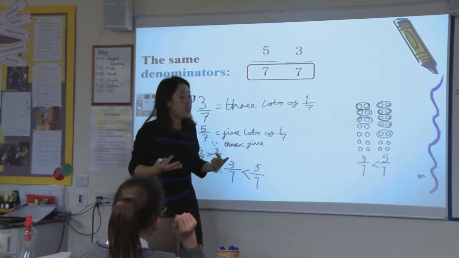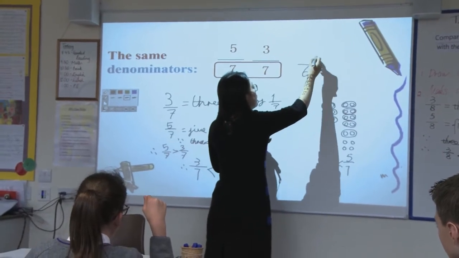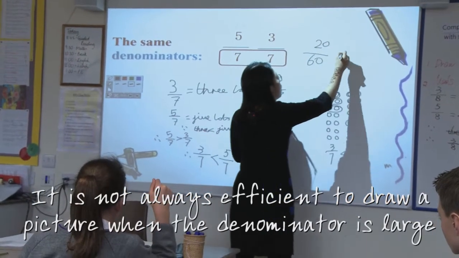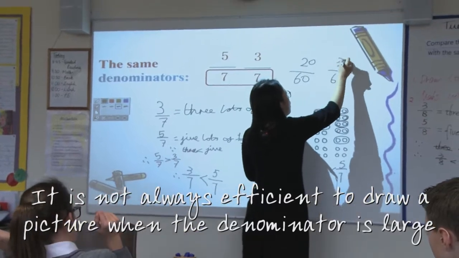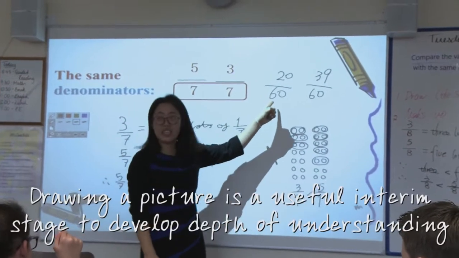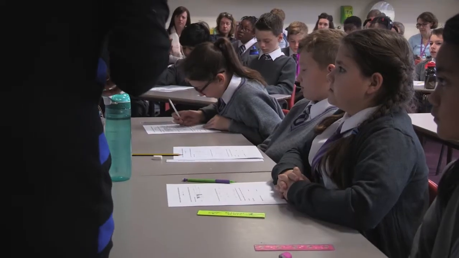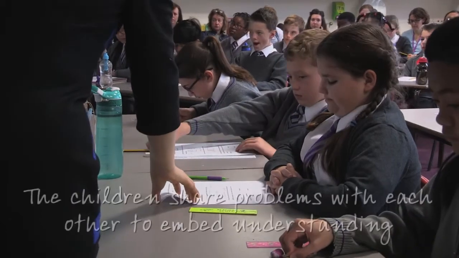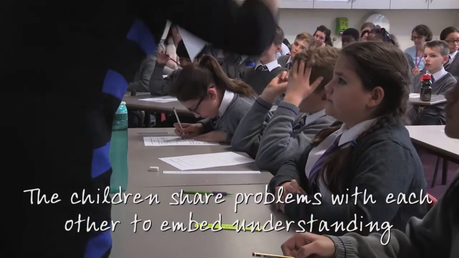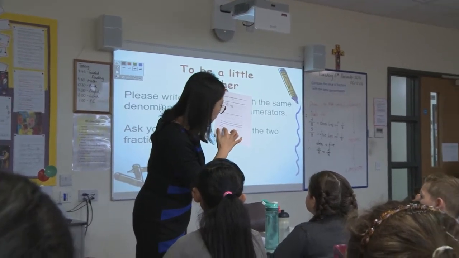Maybe now you can't find this. If I want you to compare 60, draw a picture, divided it into 60 equal parts. It's difficult, right? Okay, to be a little teacher, please write the two fractions on here, my problems.